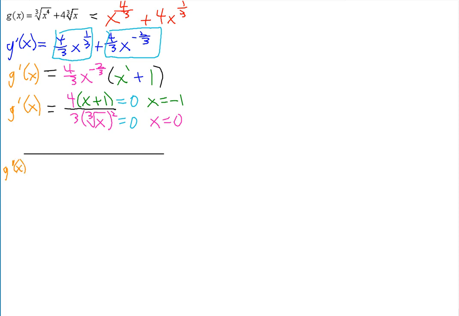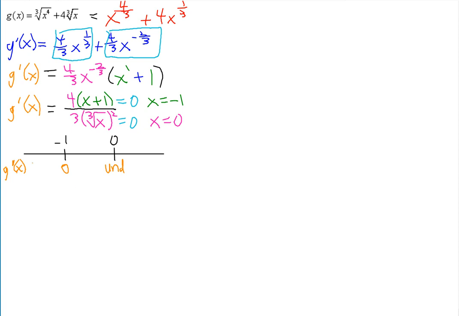And in this case, we only put on our 2 critical numbers above the number line, negative 1 and 0. But at negative 1, that makes the derivative 0 because it makes the numerator 0. But 0 came from the denominator, that makes the derivative undefined. And that distinction sometimes makes a difference, as we'll see on this one.